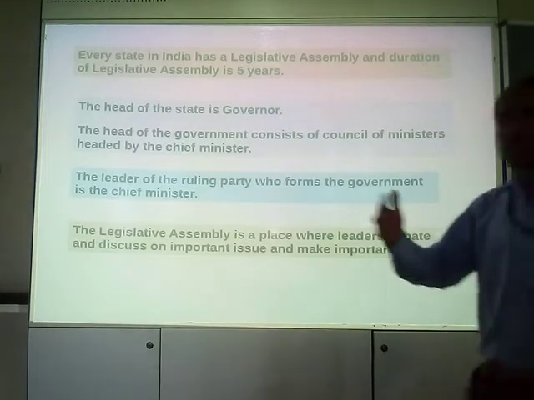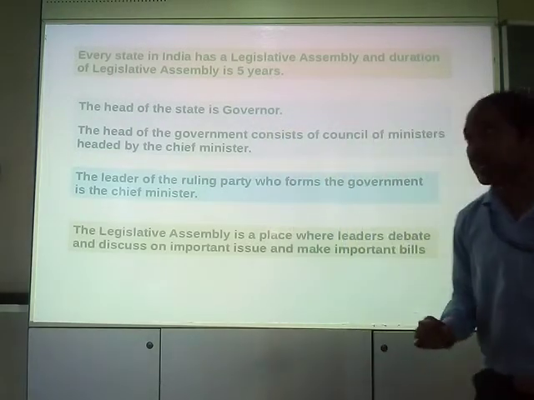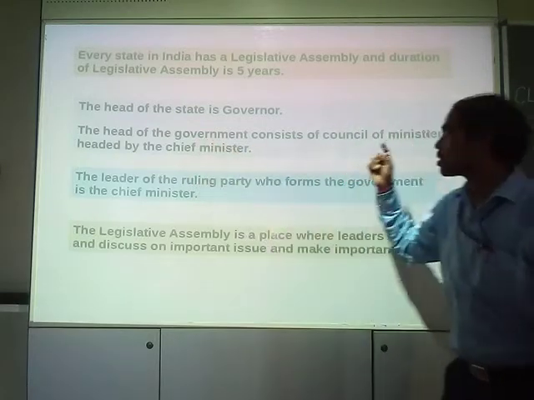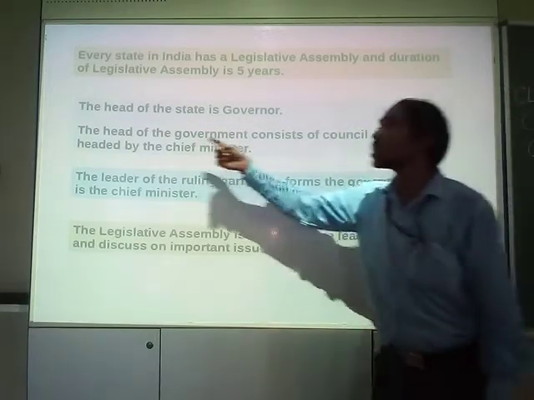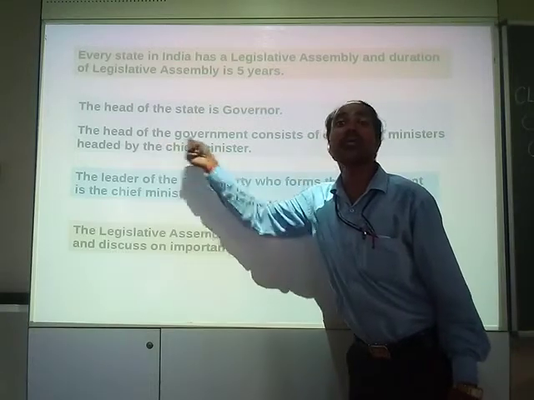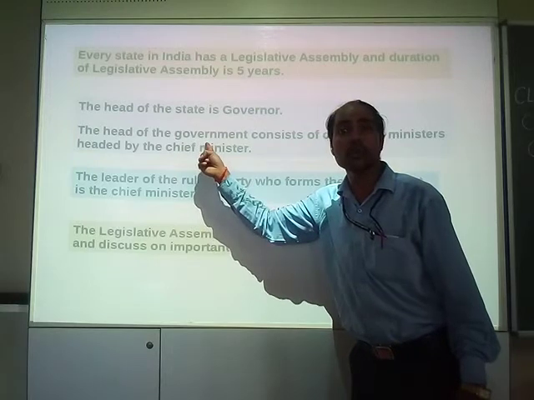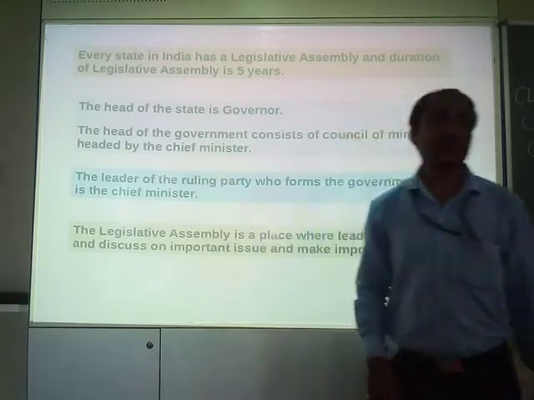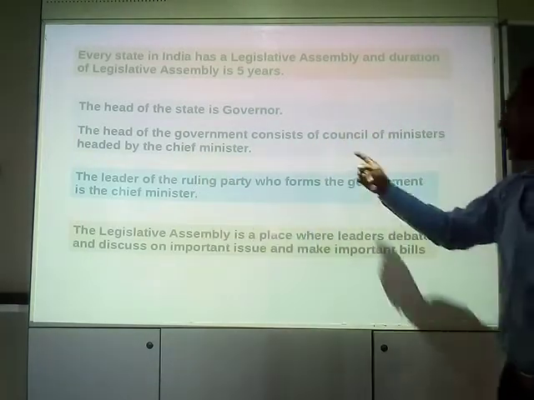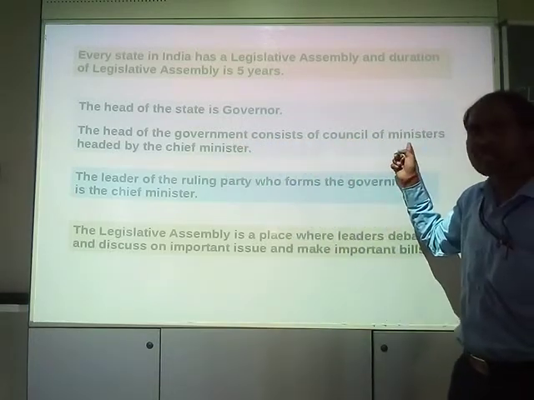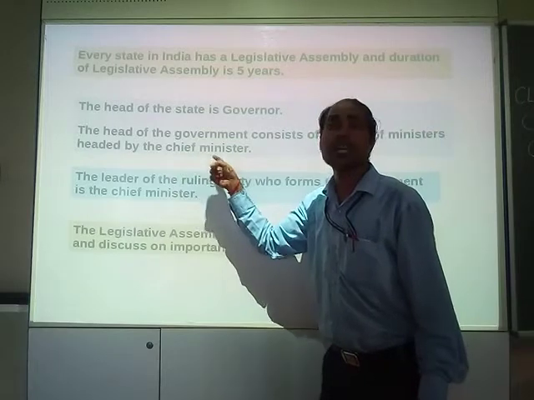The head of the state is governor, but the head of the government consists of the council of ministers. So the head of the government over there is the chief minister, which is headed by the chief minister.